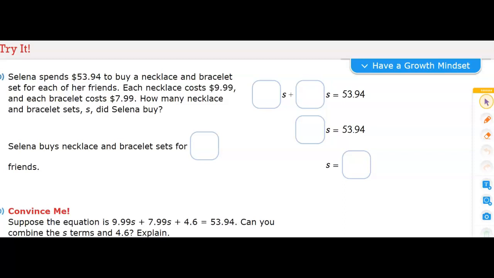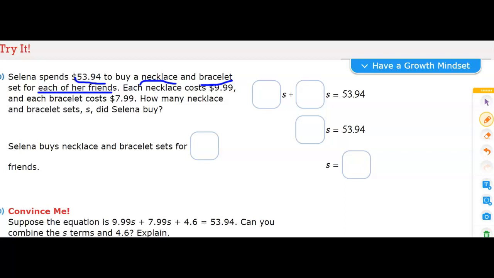So when we look at the problem, we first look at the important information. Selena spends how much money? It tells us $53.94, so we're going to underline that. She spends that to buy a necklace and bracelet for each of her friends.